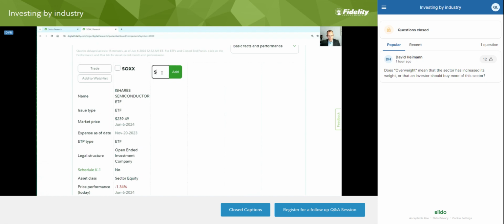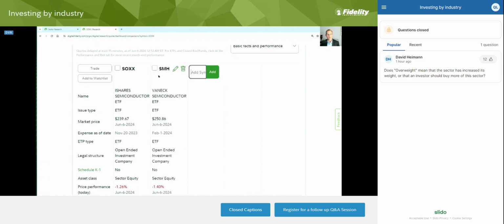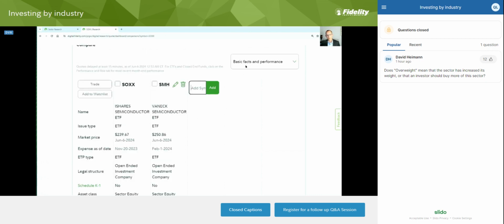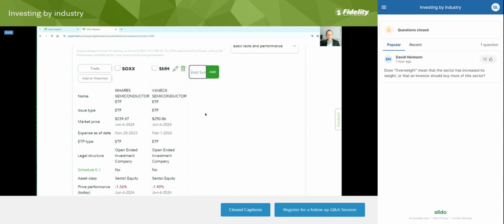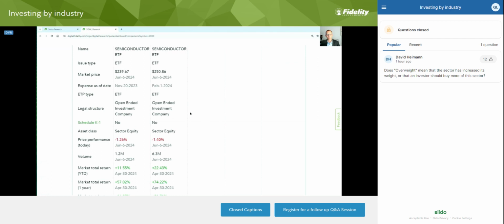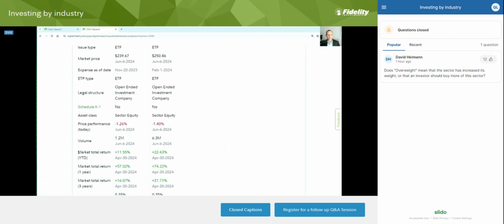Let's have SMH up here as our second security. If we've got these two that we would like to compare against, well, one opportunity would be for us to look at the basic facts and performance. We've likely seen most of this through the various pages we've already looked at, seeing, for example, the total return year-to-date difference between the two funds.